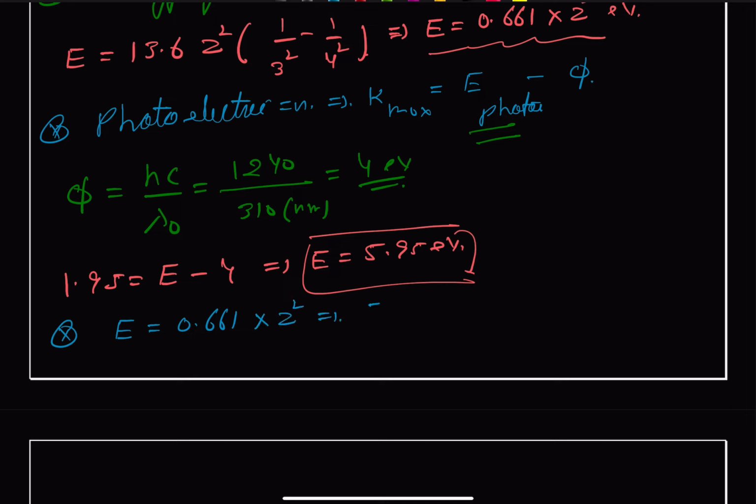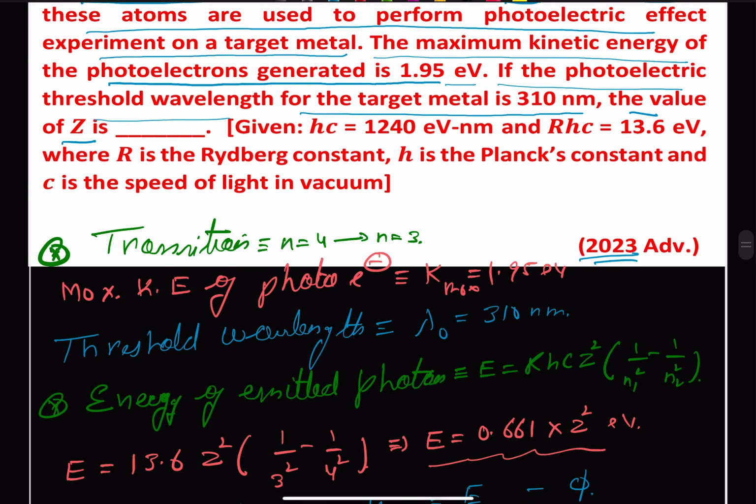This gives us 5.95 divided by 0.661, and this is equal to Z square. And from here we can say this Z square approximately comes equal to 9, giving us that the value of Z is equal to 3, which we were supposed to find out. Value of Z is 3.